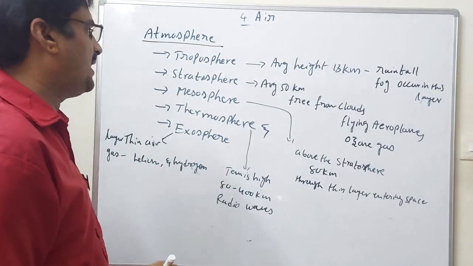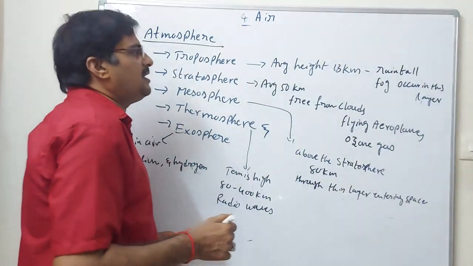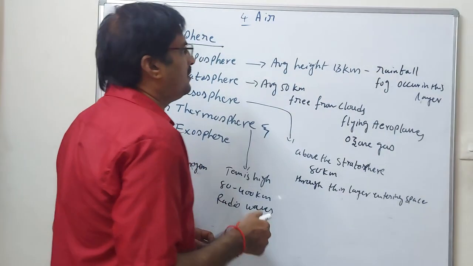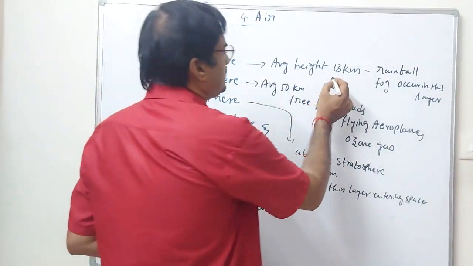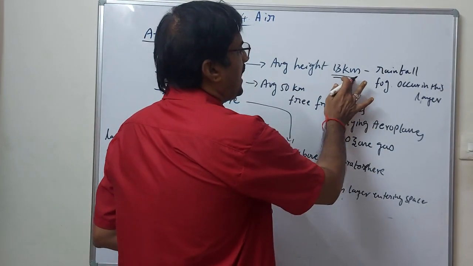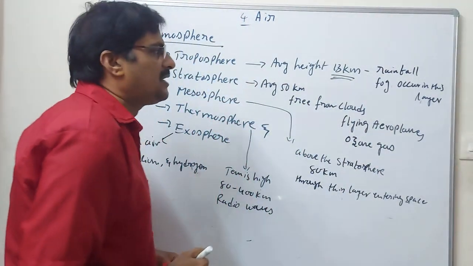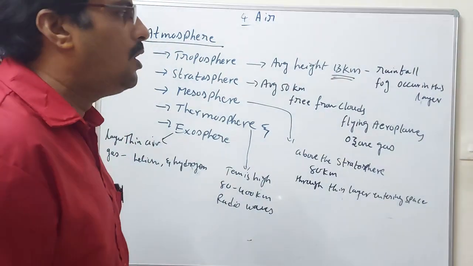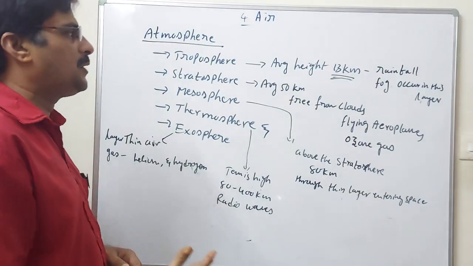Every layer is very important, and the troposphere is important because its height is 13 kilometers. Mostly we receive rainfall here, and fog also occurs in this layer only.